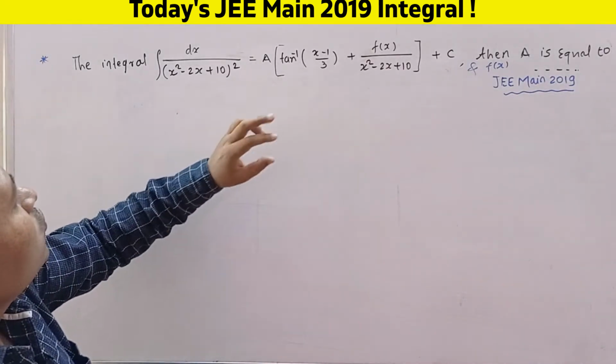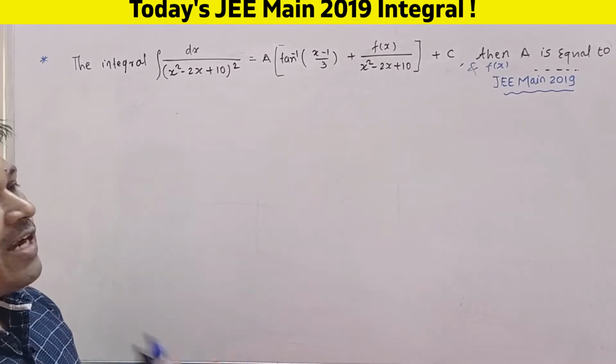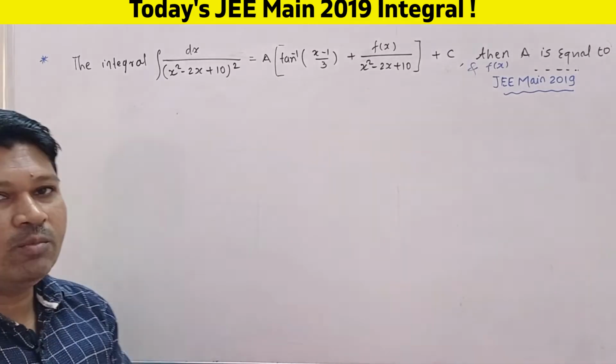Here we observe the solution is in terms of tan⁻¹((x − 1)/3). That means we can use the substitution method.